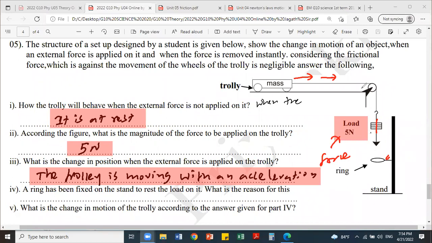While you are driving at high speed, you make the engine neutral. Will the car suddenly come to rest? No, it will slow down and travel some distance and come to rest. Understood? That's how it happens. Is that clear?